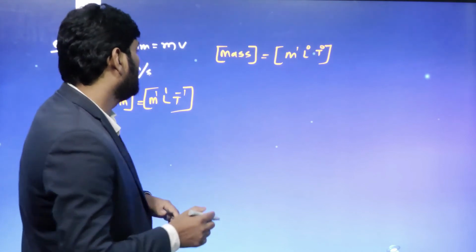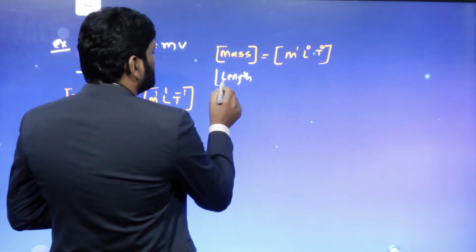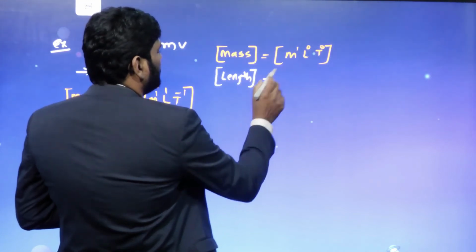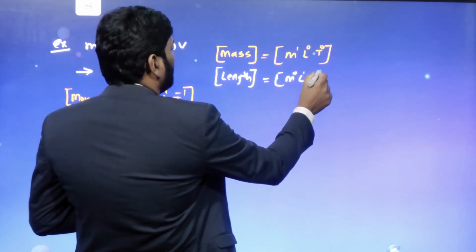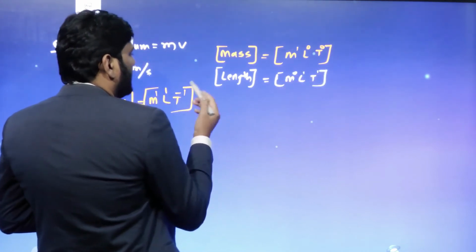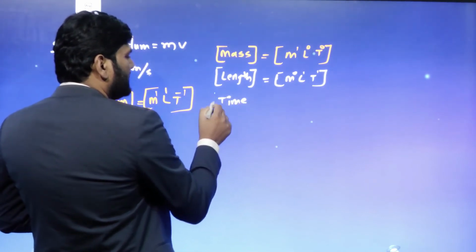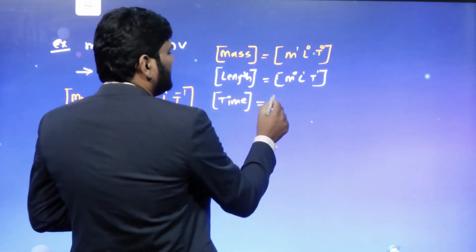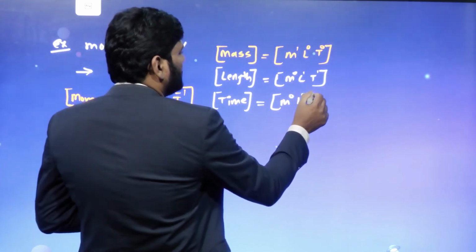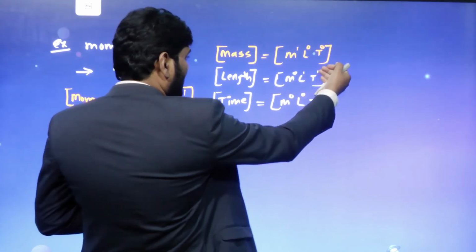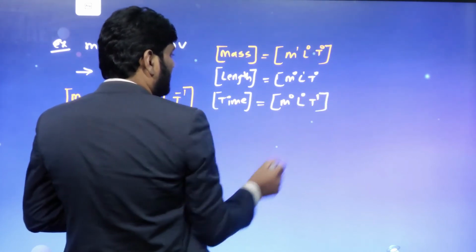Similarly, length: the length dimension formula is M0 L power 1 T power 0. Similarly, time. What is the time? Time is M0 L0. Sorry, I am doing it wrong. Here I did wrong. It is T power 1.